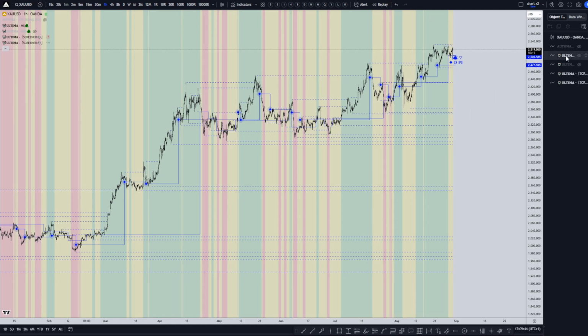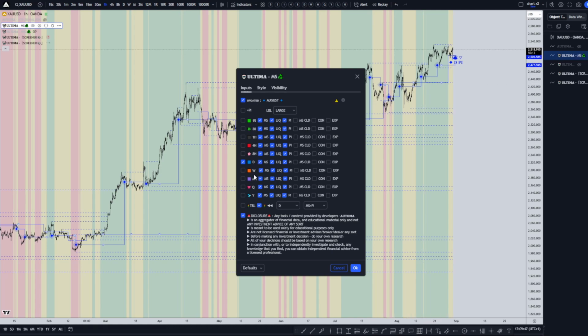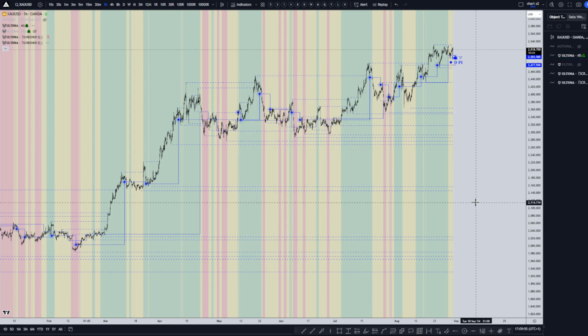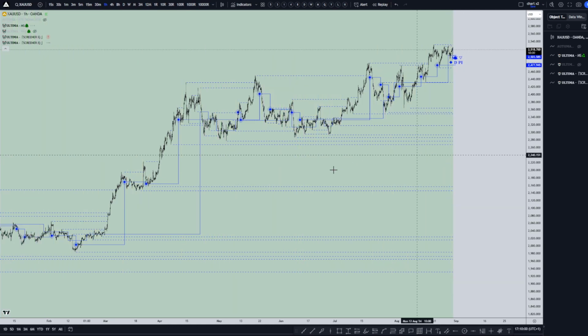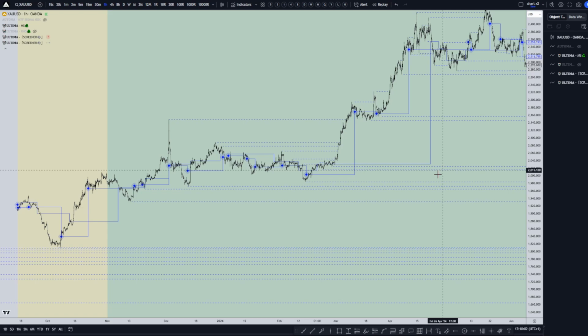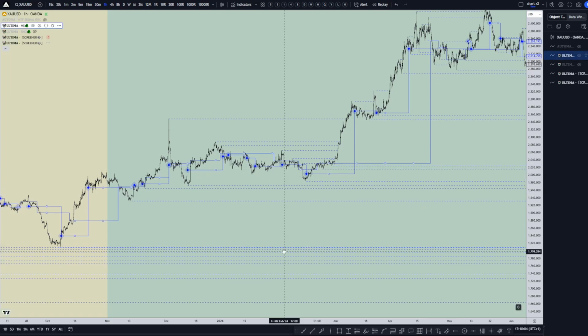If you go to this, we change to monthly. So now we are tracking monthly structure and power index conditions. Let me just update it. So look at the monthly structure and power index.